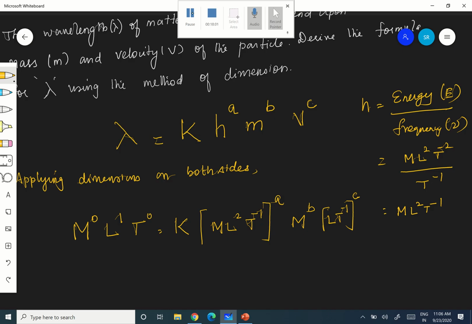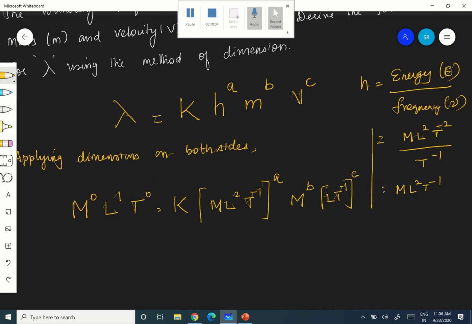Is it clear? Now you see here M power 0, L power 1, T power 0 is equal to k into M power a plus b. Then L power 2a plus c.